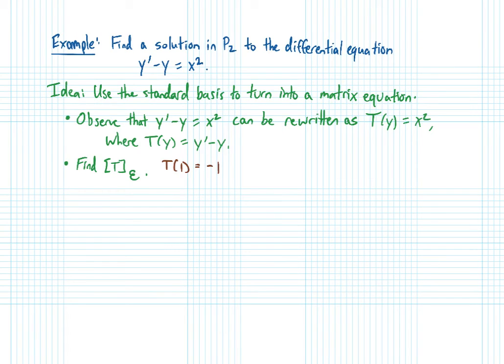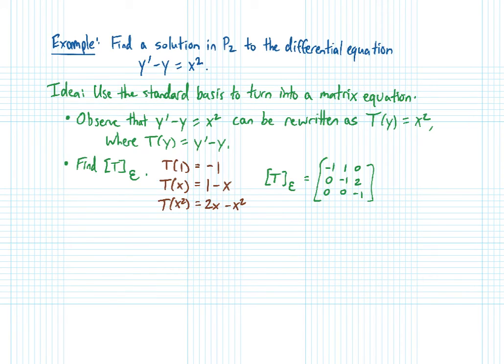So first of all, T of 1 is minus 1, and then T of x is 1 minus x. And just as a side note, in this differential equation, the independent variable is x and not t, so the standard basis is 1, x, and x squared. And then finally, T of x squared is 2x minus x squared.